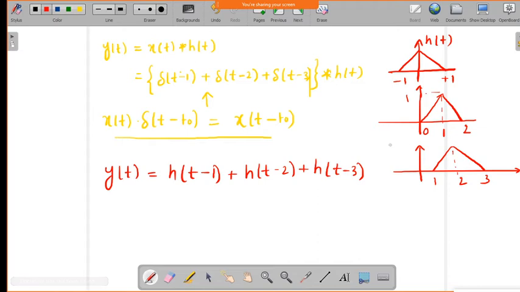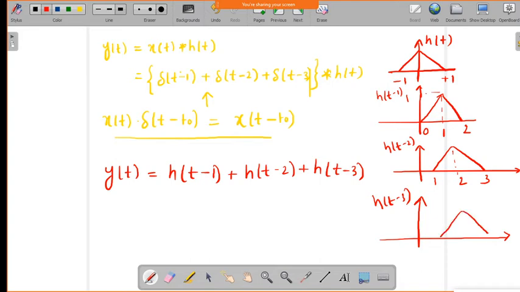So this is your h of t minus 2 and this is your h of t minus 1, and similarly we will get h of t minus 3, which is shifted from 2 to 4.